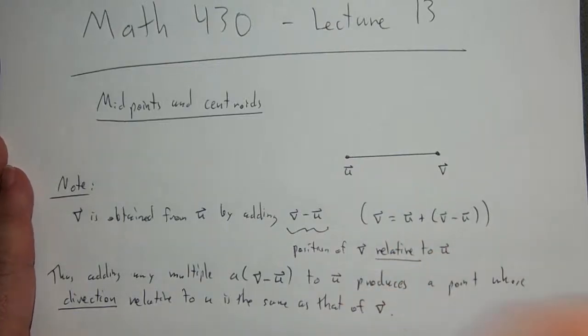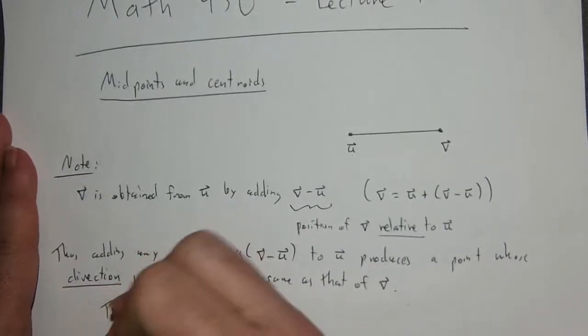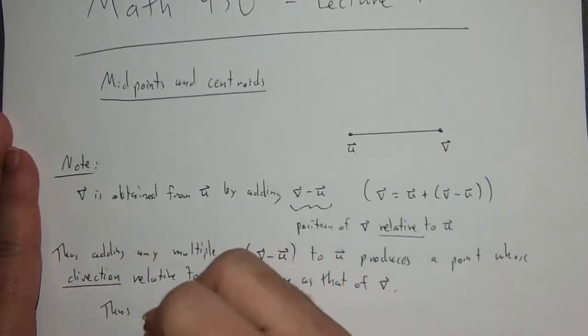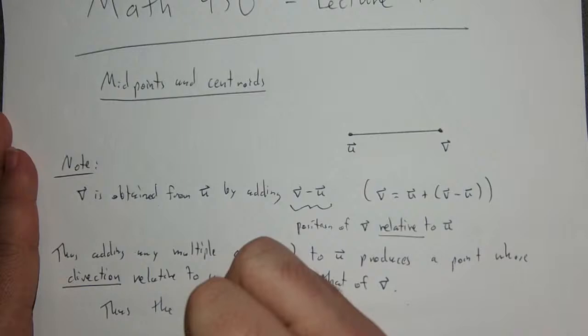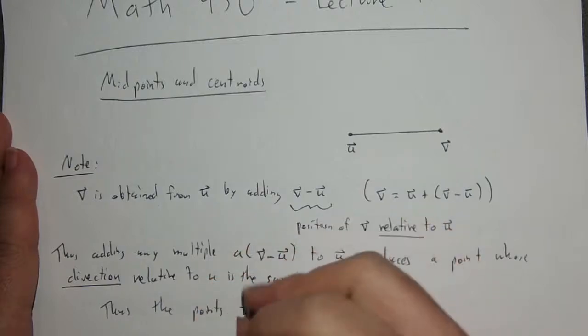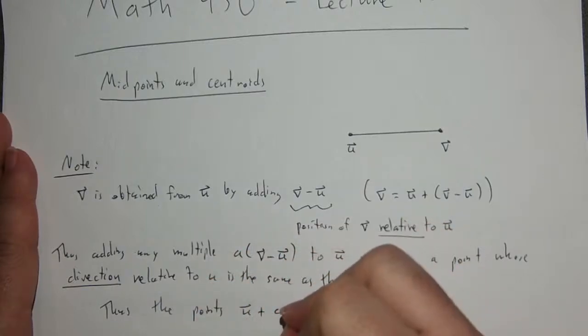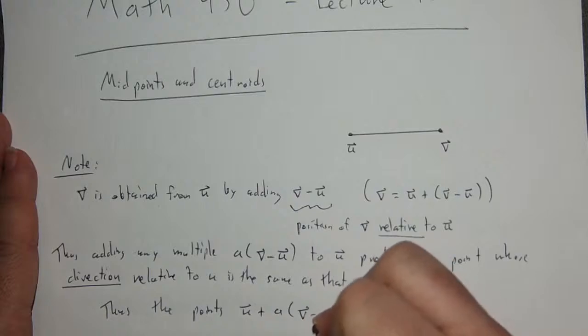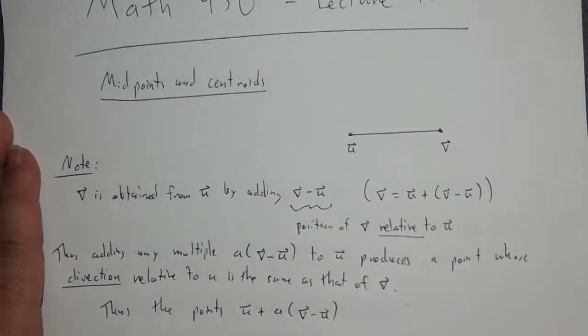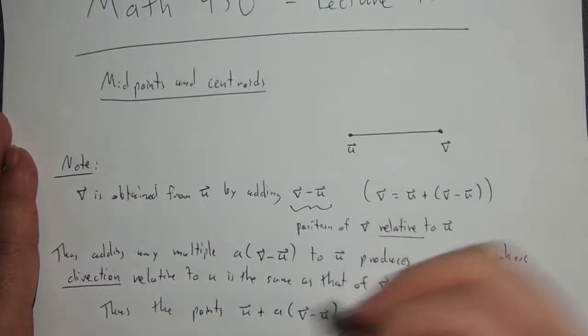Okay. Thus, another way of saying this is that the points of the form u plus some scalar multiple of v minus u, as I vary the scalars here, what are these points? These points are precisely those that are on the line through u and v.